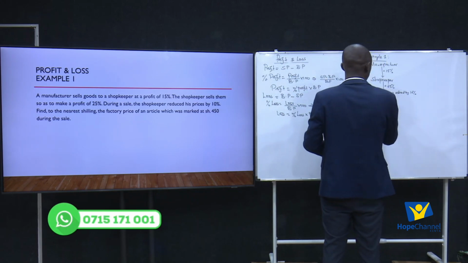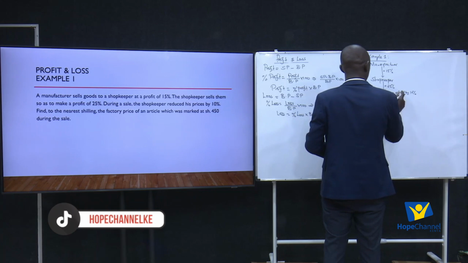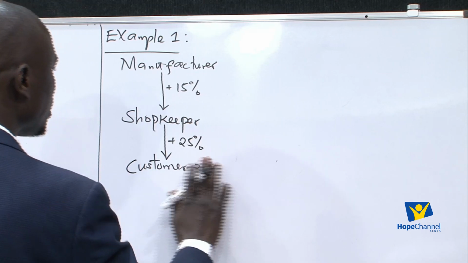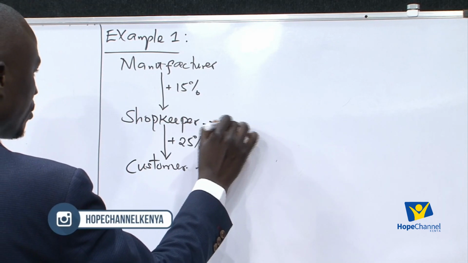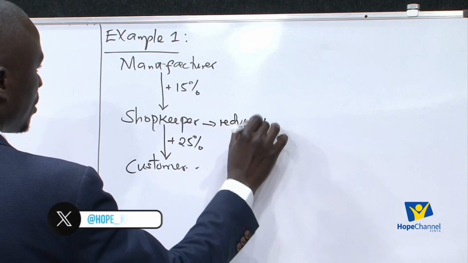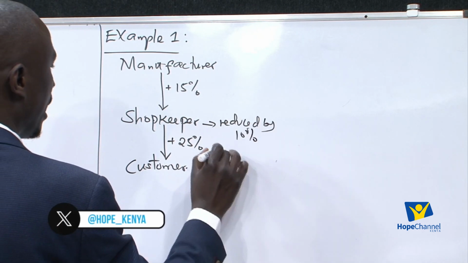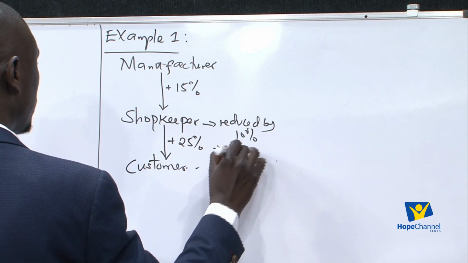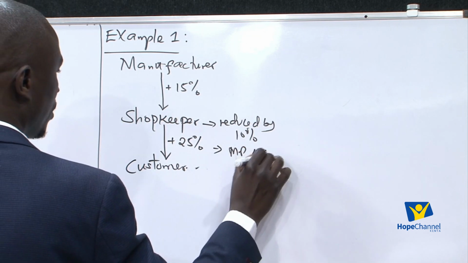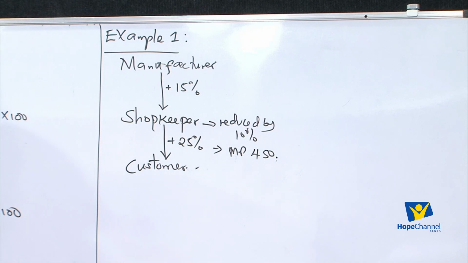The shopkeeper sold the item to the customer after reducing it by 10%, and the marked price was 450 shillings. So we are going to work downwards until we get everything.